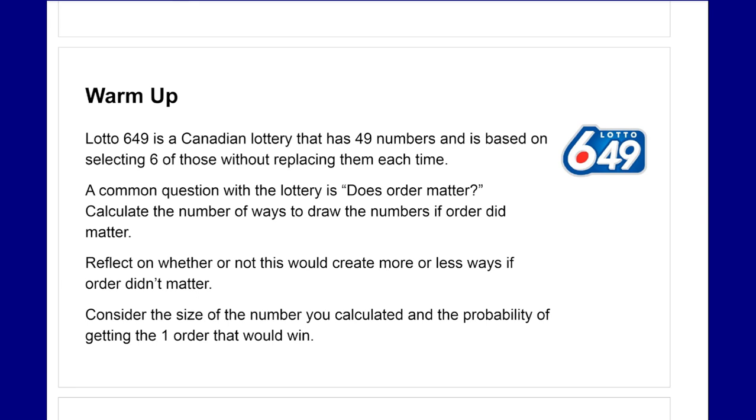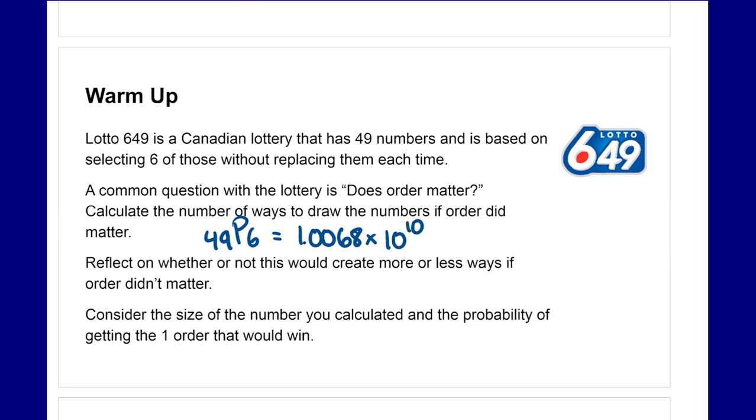Well, let's calculate the number of ways to draw the numbers if order did matter. So we have 49P6, 49 picking 6. And if we were to do that, we would get 1.0068 times 10 to the power of 10.